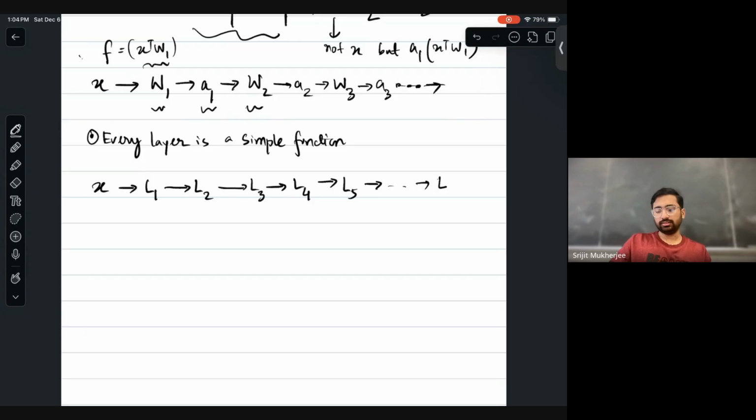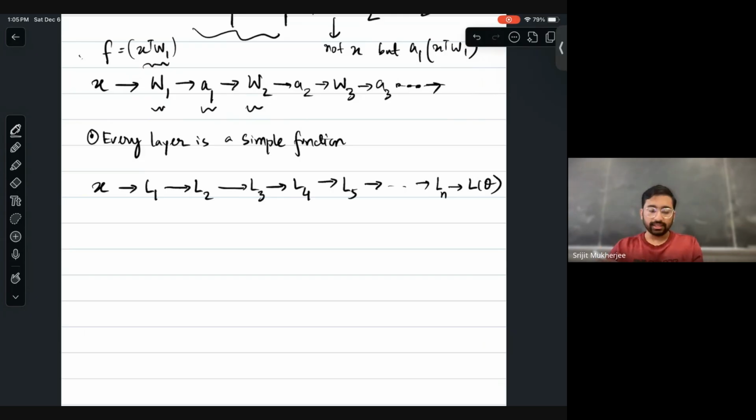Let's say we have layer n, and then finally the loss comes up. The output of this is the loss, L theta.